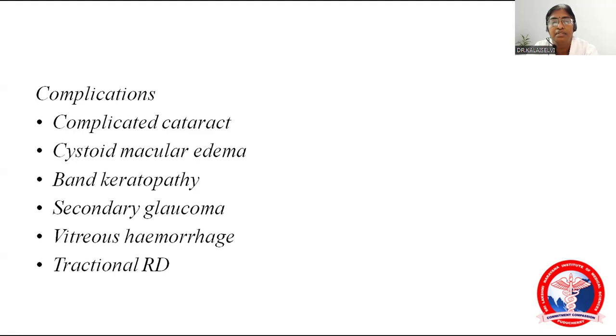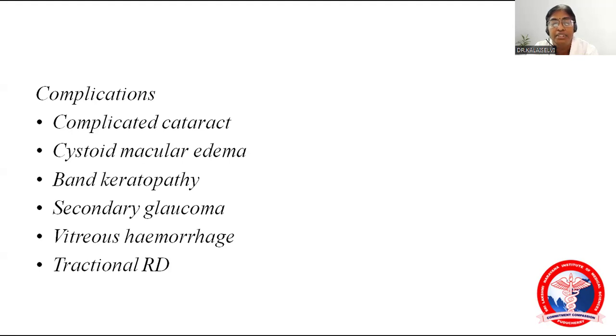Now the prognosis: when it is treated, 80% of them recover well. If it is not treated, it can lead to complications like complicated cataract and cystoid macular edema. When it is burnt out and the eye is no more of use because of the inflammation, band keratopathy appears on the cornea.